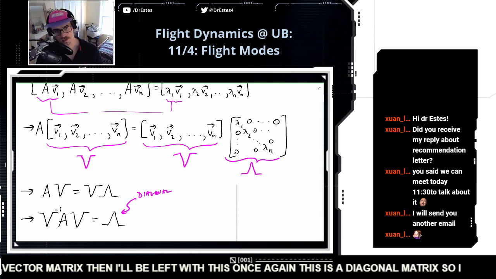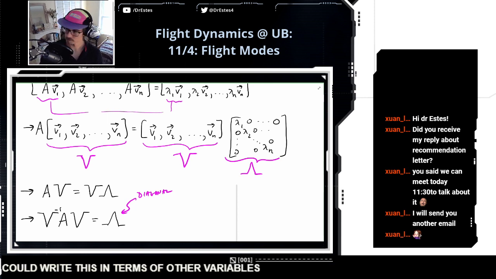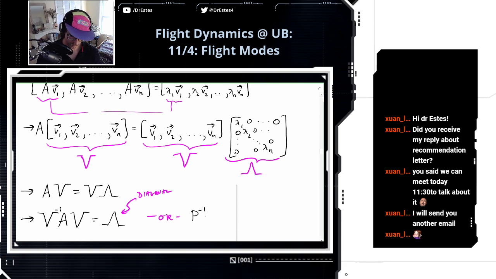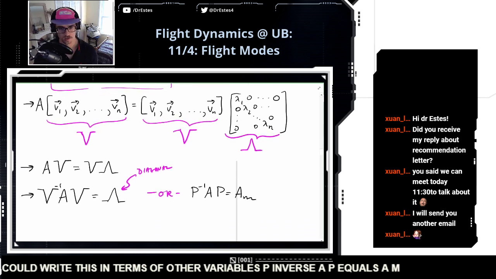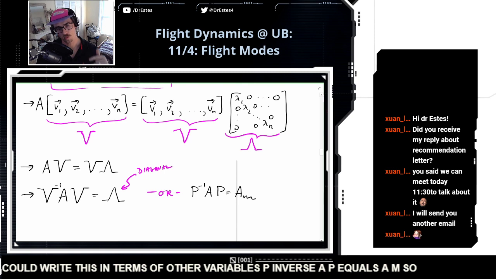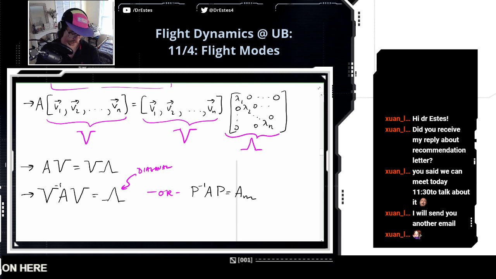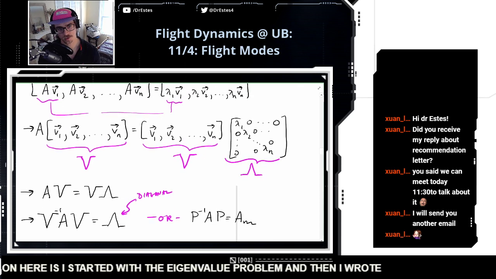So I could write this in terms of other variables: P inverse A P equals A M. So what's going on here is I started with the eigenvalue problem, and then I wrote it in this block matrix form.